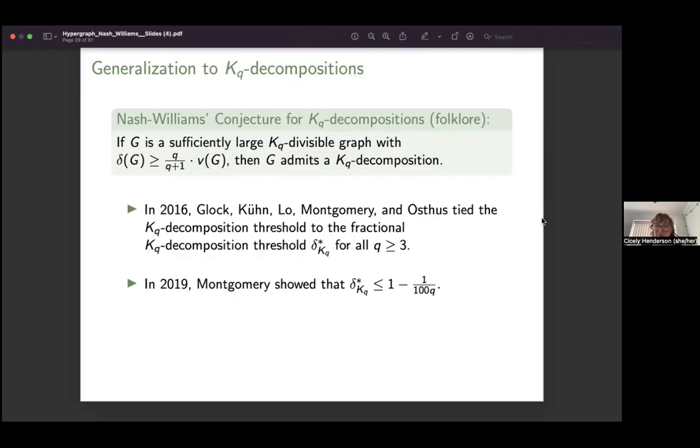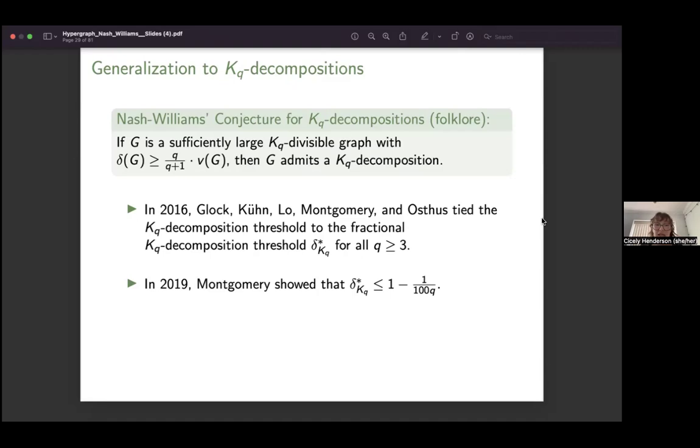Once again, we have some similar work on this more general folklore conjecture. In 2016, Glock, Kühn, Lowe, Montgomery, and Osthus tied the KQ decomposition threshold to the fractional KQ decomposition threshold for all Q at least 3.